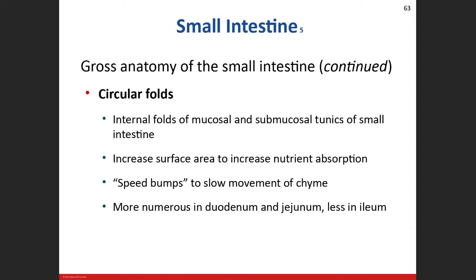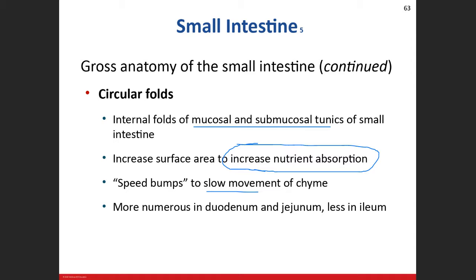These plicae circulares, these small little folds, which we'll see when we're labeling shortly, are made up of the mucosal and submucosal layers of the small intestine. Yes, they help to slow the movement down, but a big role for them is to increase the surface area to absorb a lot of that material.